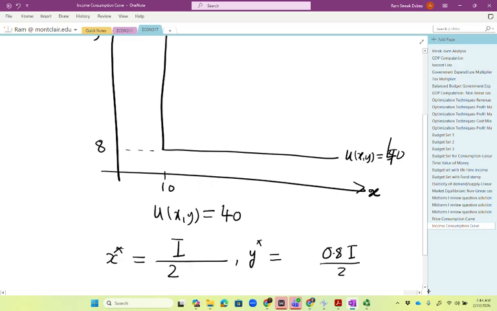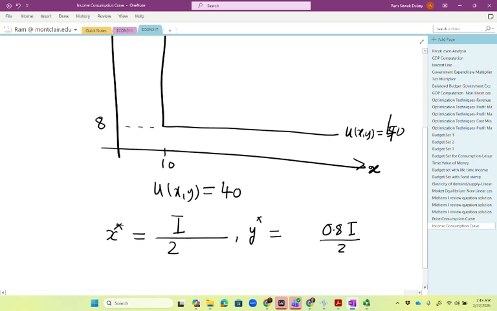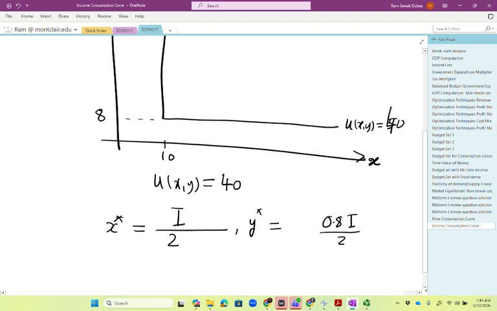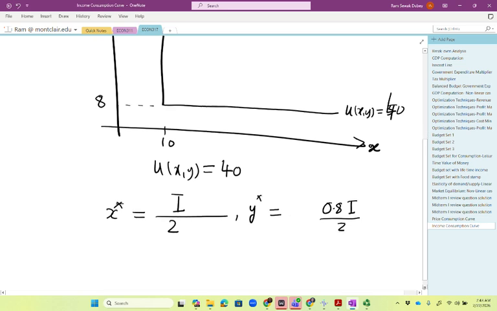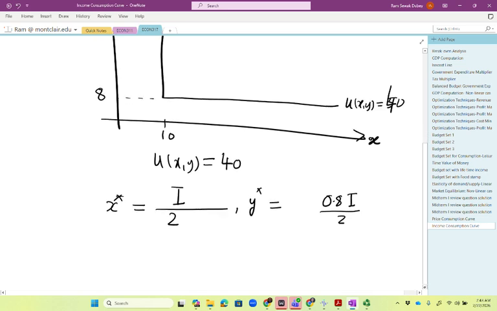Remember, I have fixed the price of good X and the price of good Y, and so this is the relationship between X star and Y star. These are the values of X star and Y star which will maximize the utility function.